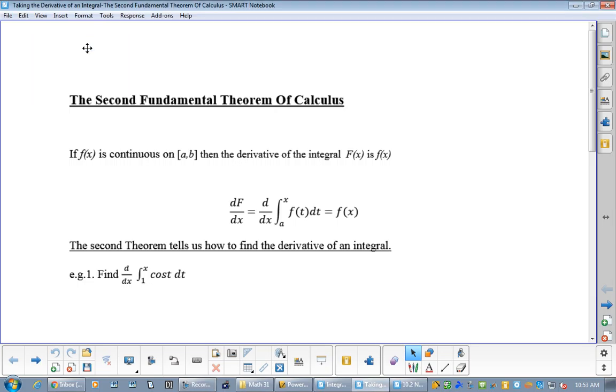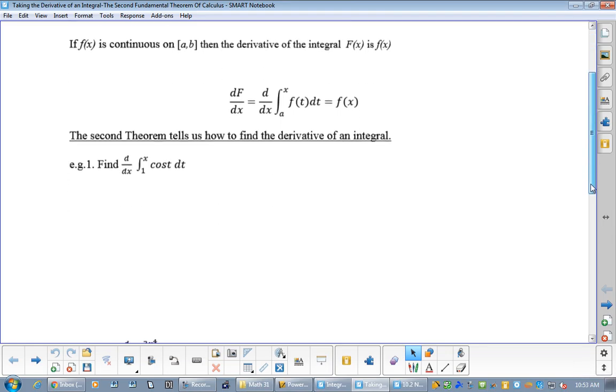Okay, the second fundamental theorem of calculus. Again, this one's about derivatives. This is a really simple concept, but I just wanted you to know exactly what it is and how it works.